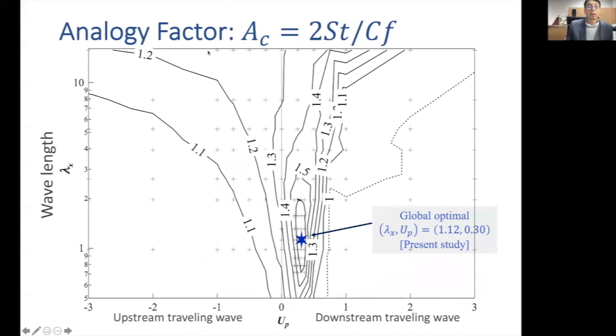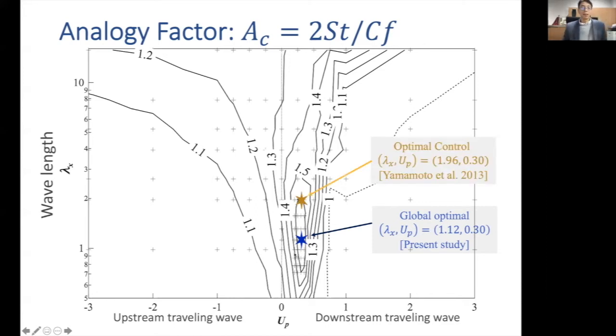But if you calculate the analogy factor, the peak is actually located here. And this global optimal, as we call it, is around lambda x equal 1.12. This lambda x is normalized by channel half height. And UP is around 30% of the bulk mean velocity.